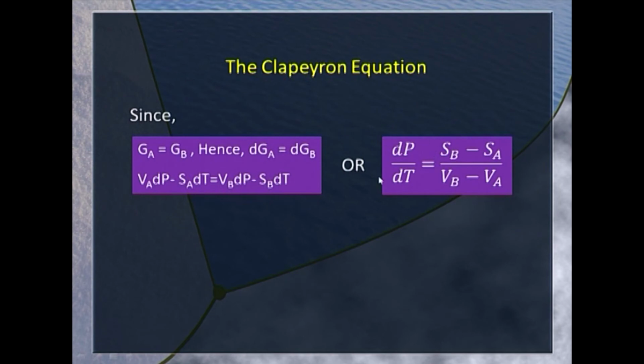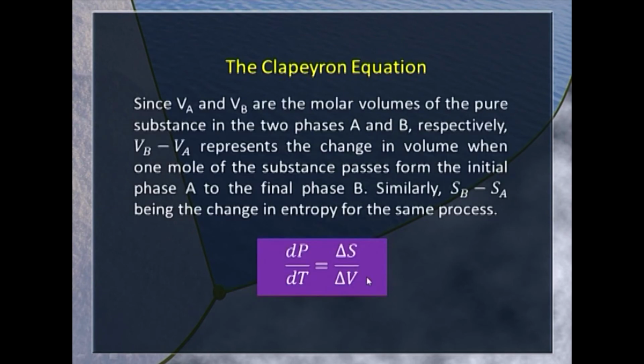So, we are going to get this expression dP by dT equal to the entropy of B minus entropy of A over volume of B minus volume of A, and this can be written as delta S by delta V because they represent final minus initial.